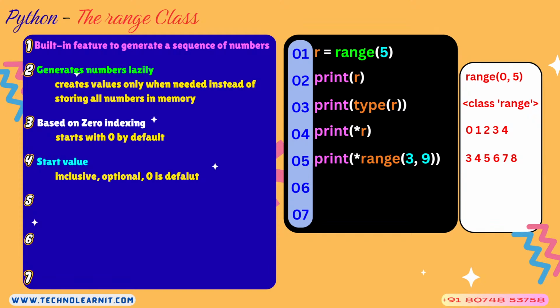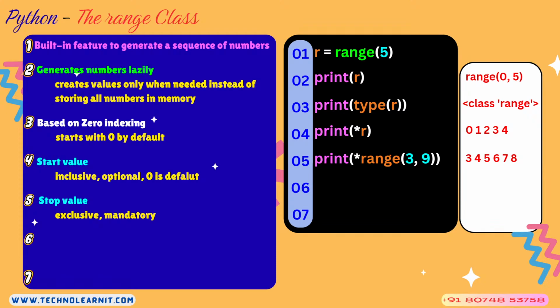This is a very, very important thing to understand in Python, that for the range function, the end value is always exclusive. So end value or stop value is what we call. End value is exclusive, but it is mandatory to mention. So in statement 1, whatever that 5 we mentioned, it is treated as a stop value or the end value. In statement 5, 9 is treated as a stop value and 3 is treated as a start value.